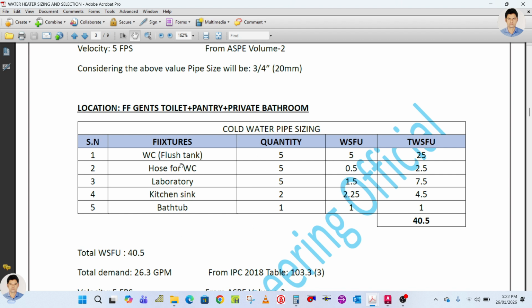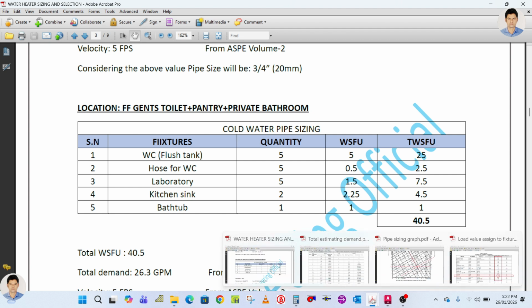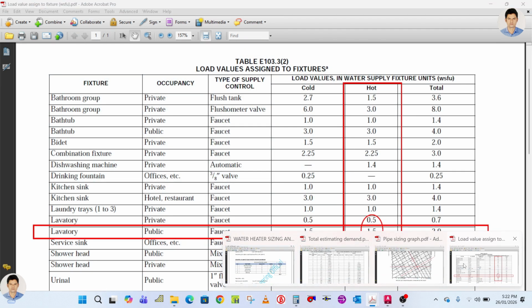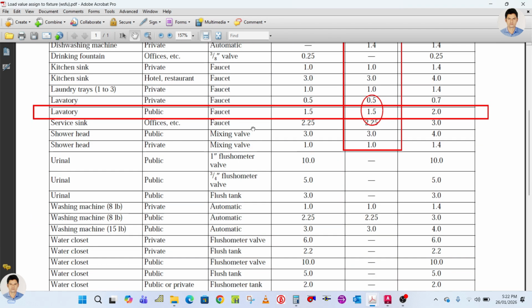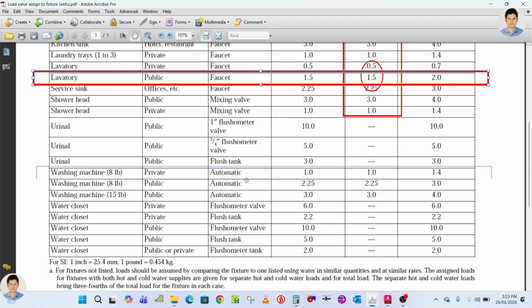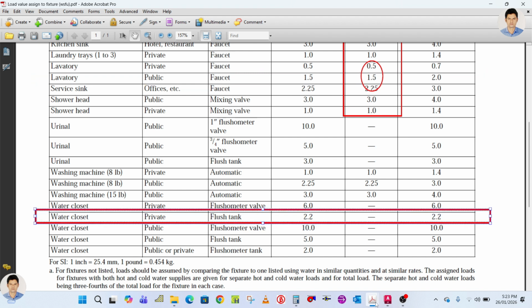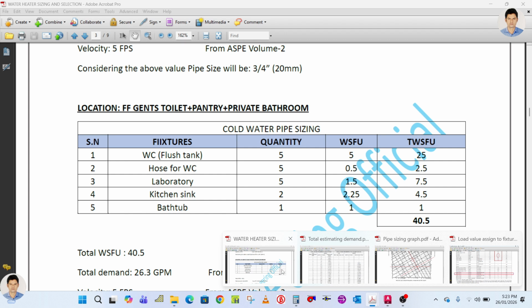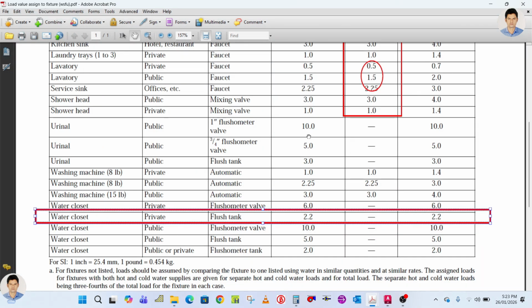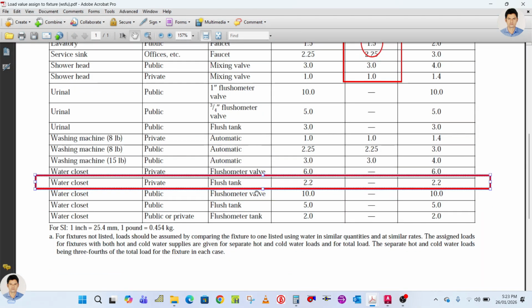So for WC 5, let me show you how it's taken from here. This is the water closet. Let me move down. Public, private, flush tank 2.2. The same I have written here. Flush tank private, and this is public.